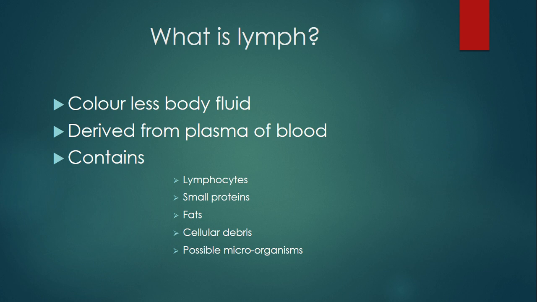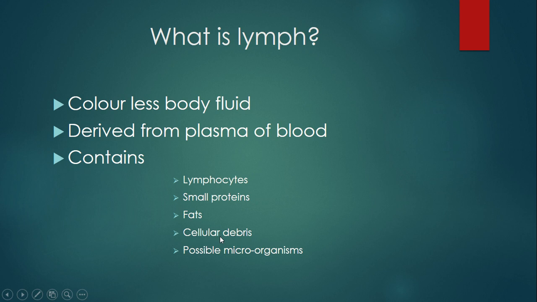Now you can understand from this segment what is lymph. Lymph can be defined as a colorless body fluid that is derived from the plasma of the blood, as I told you, and it contains the lymphocytes, small protein, fats, cellular debris.